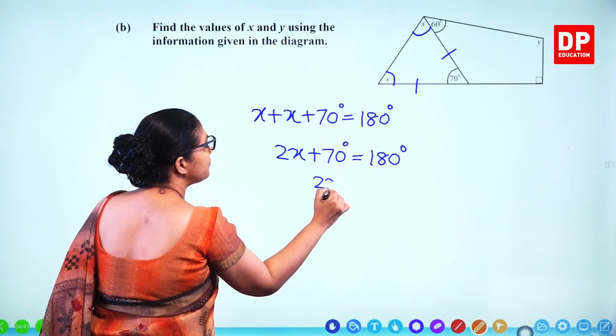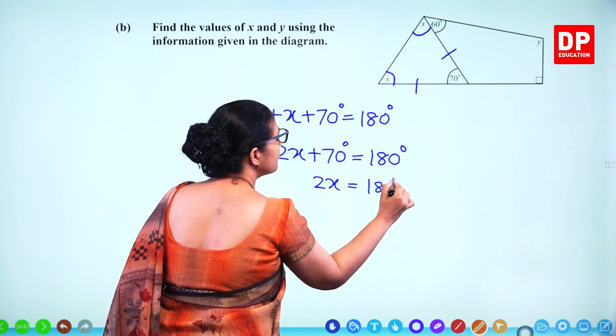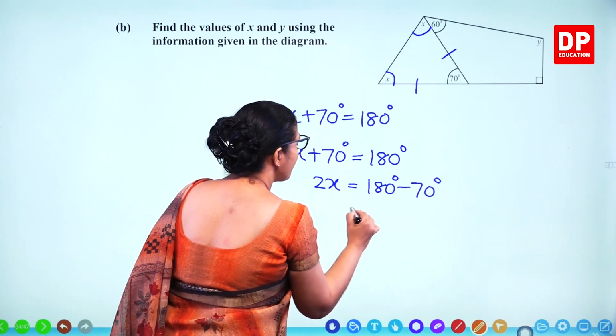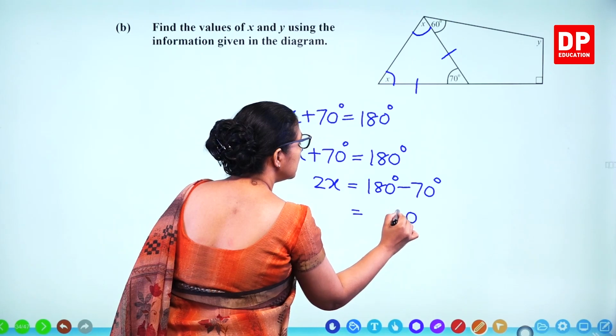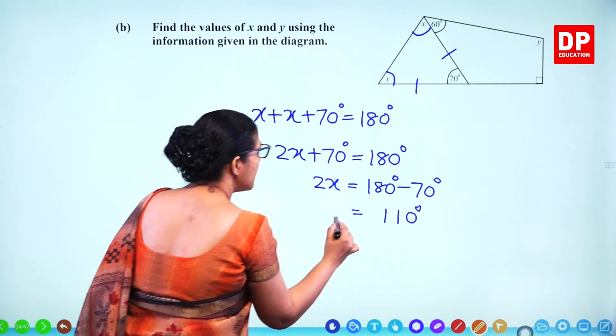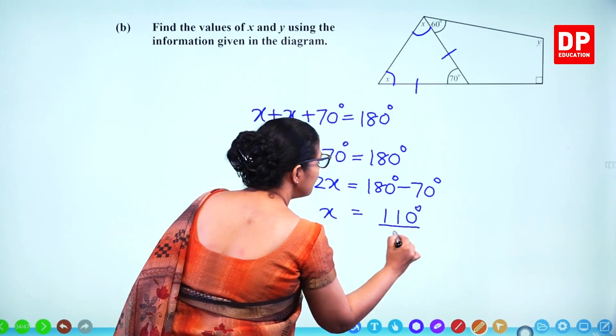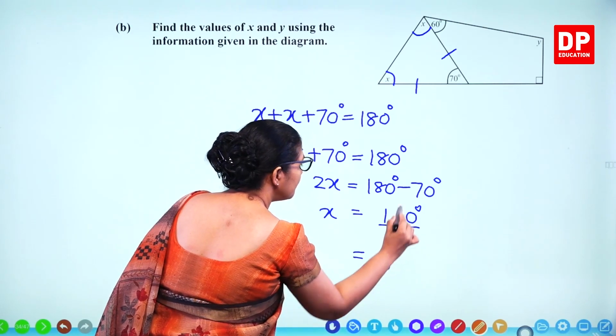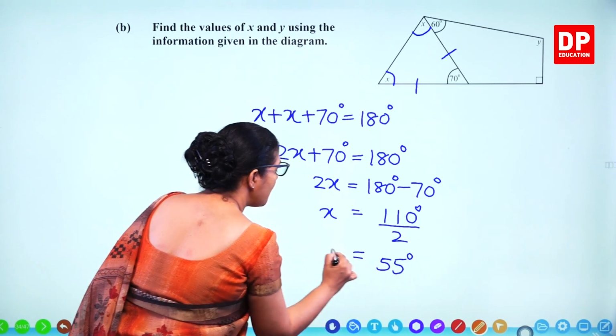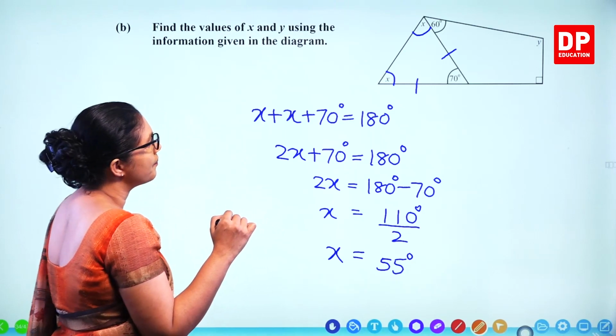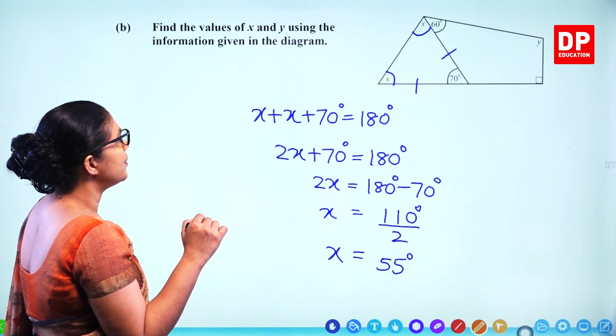Subtract 70. You get 110. Divide by 2. 55 degrees for x.